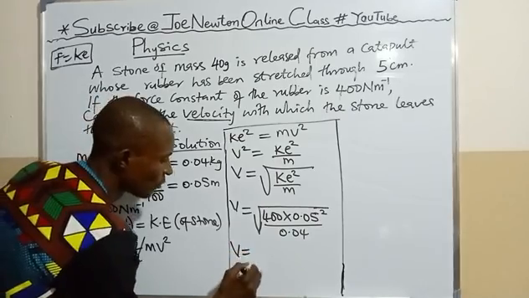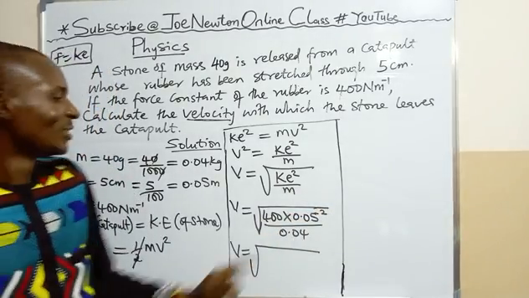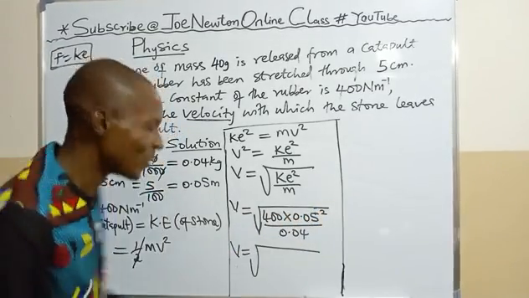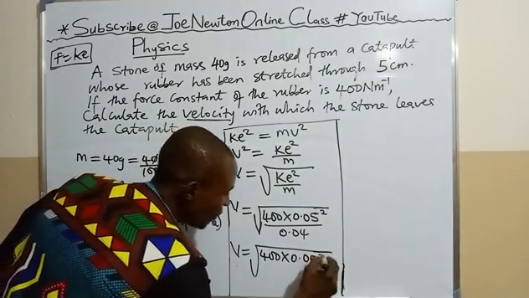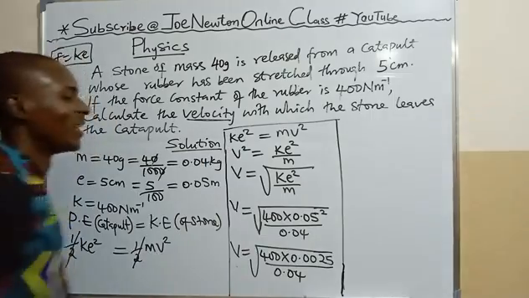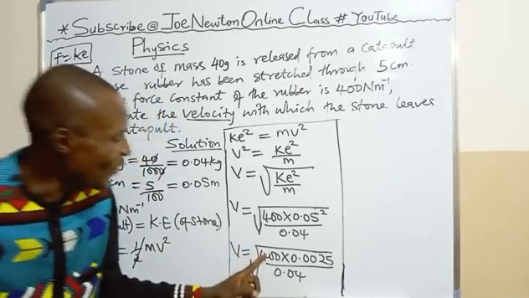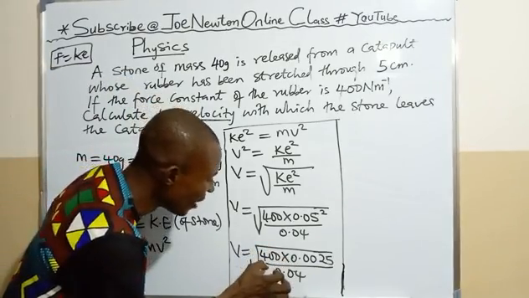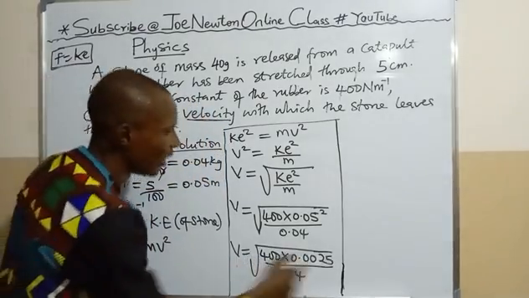We have that v equals square root of, then 0.05 squared first will give you 5 squared is 25. That's the trick there. If 5 squared is 25, just double the 0. You now have 400 times 0.0025. You see the magic? All over 0.04. Then we continue. Another mathematical trick here is this: 400 times 0.0025, even without my calculator, this double zero as a whole number will eliminate the double zero in the decimal fraction, leaving 4 times 0.25.